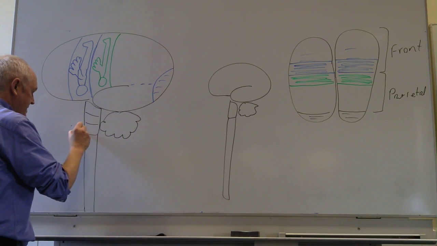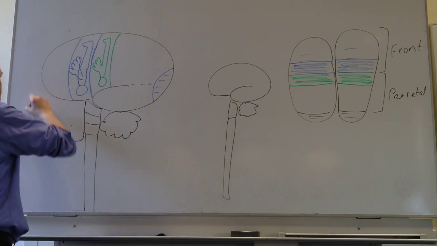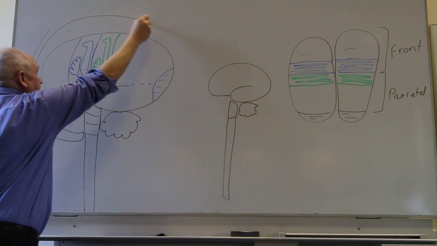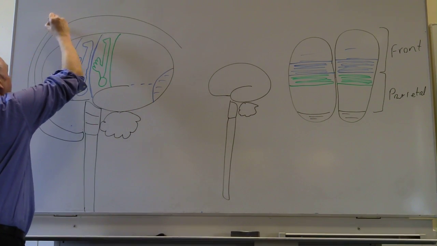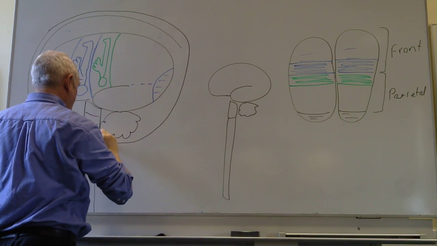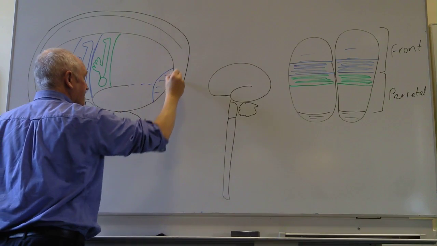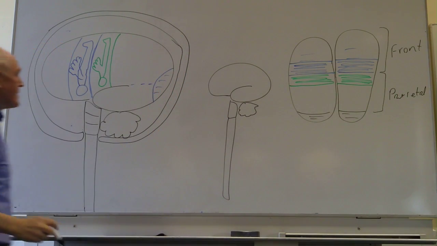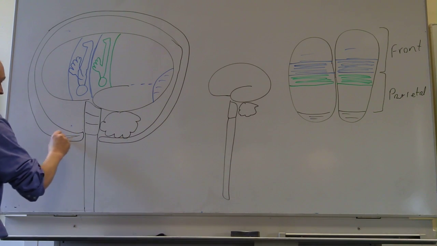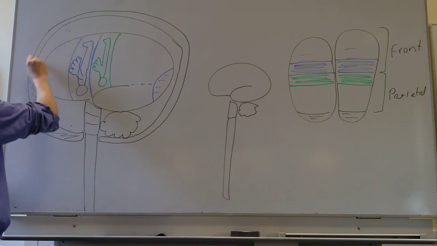So if you go around here, completely surrounding the brain. So the bony skull is completely surrounding the brain.